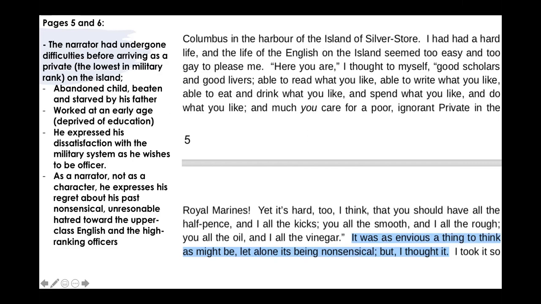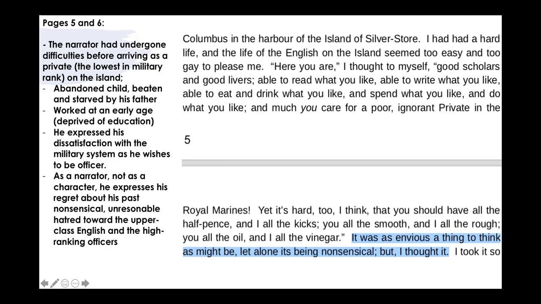I had a hard life, and the life of the English on the island seemed too easy and too gay to please me. I thought to myself, good scholars and good livers. So people who were educated, he felt that inferiority towards educated people, able to read what you like, and able to write what you like.